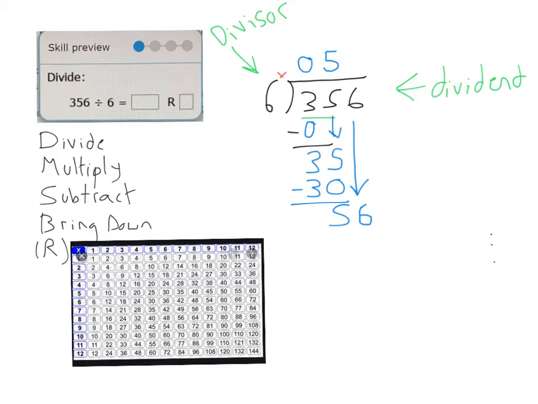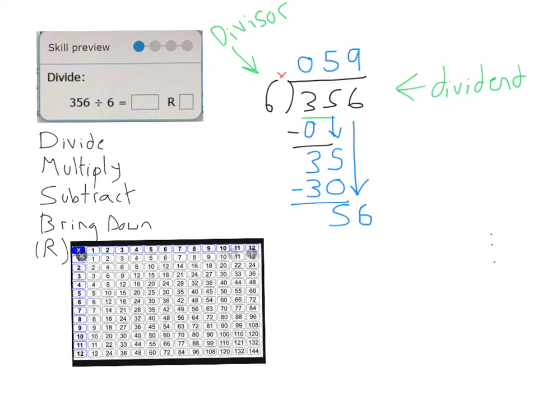Okay, we did the bring down, so now we're back to divide. How many 6s can we take out of 56? I know that 10 times 6 is 60, which is too big. 9 times 6 is 54, so it's going to be 9. That's really helpful if you're comfortable with your division facts. If you don't know that off by heart, that's fine.